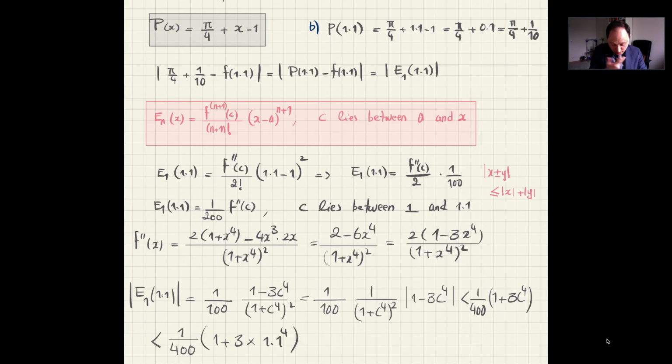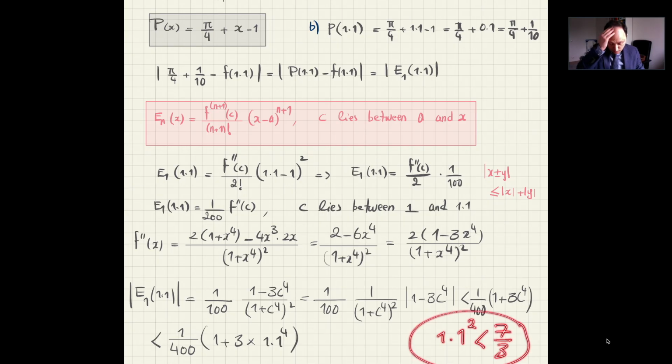So we need to convince ourselves that this is smaller than 1 over 50. So how can I convince myself it is smaller than 1 over 50? Let me multiply by 400. This becomes 8. I move 8 to the right hand side, it becomes 7. Divide by 3. So I need to convince myself that this is smaller than 7 over 3.